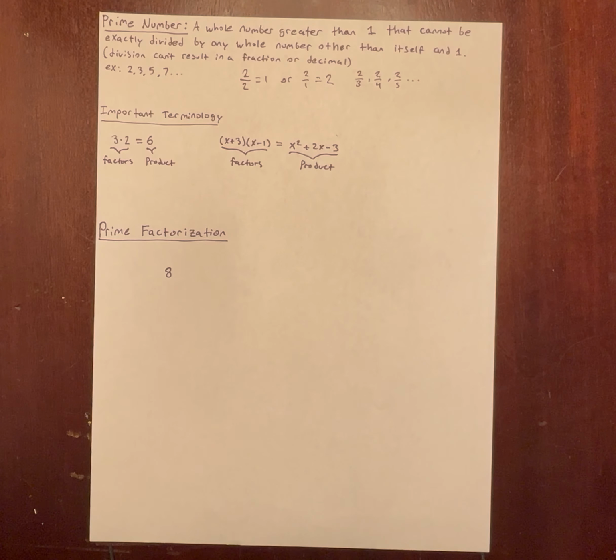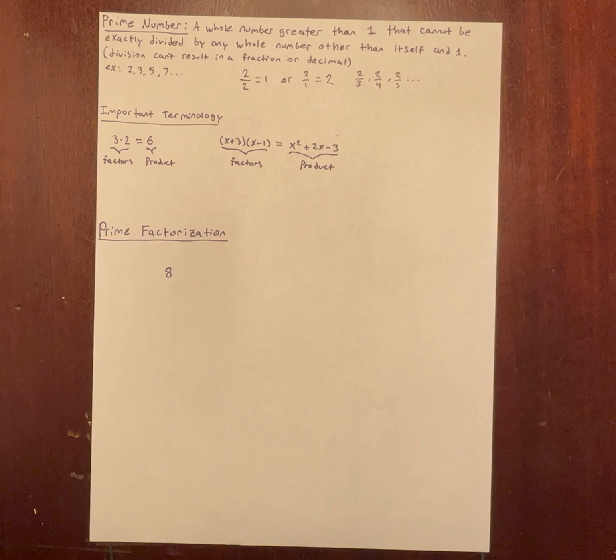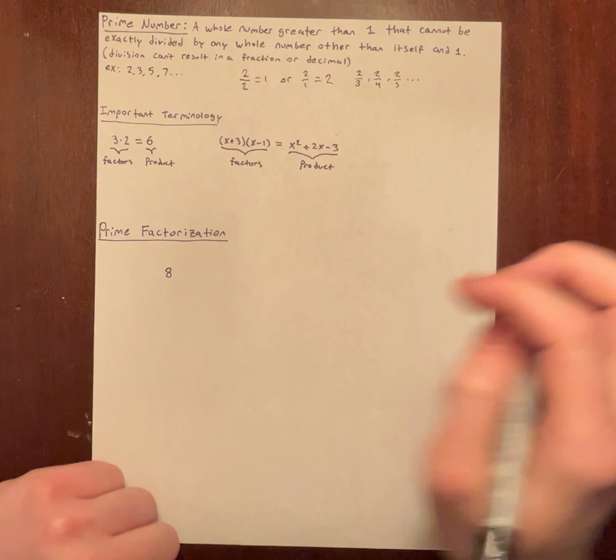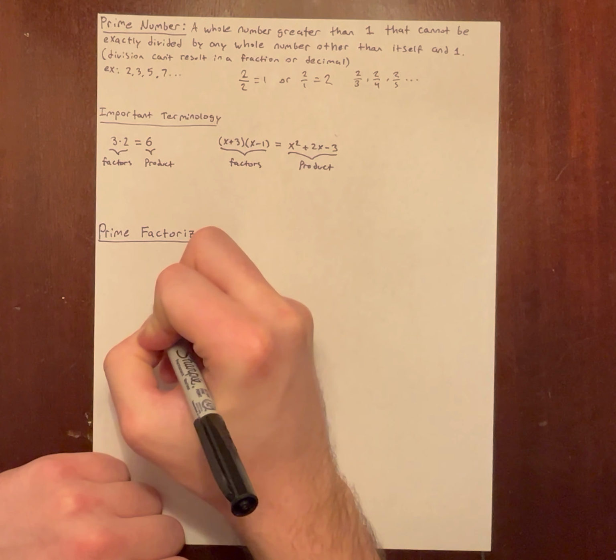And the way I like to do this is I like to first break it down in sort of a tree branching, root-like pattern. And I'm going to take, and it doesn't matter what two factors you start with, it could be just the first two that come to your head, because no matter what, you will end up with the same prime factors. But I'm going to take two factors that aren't the number and 1, so 4 and 2 are our only options here.